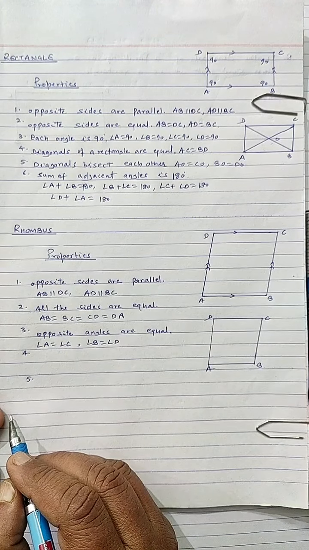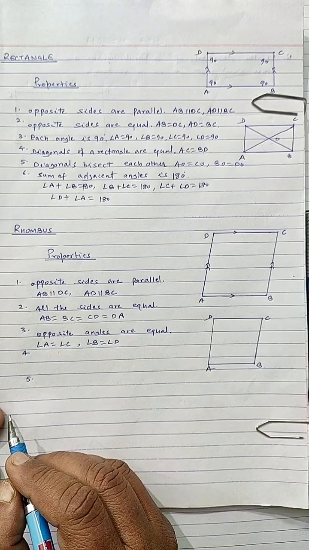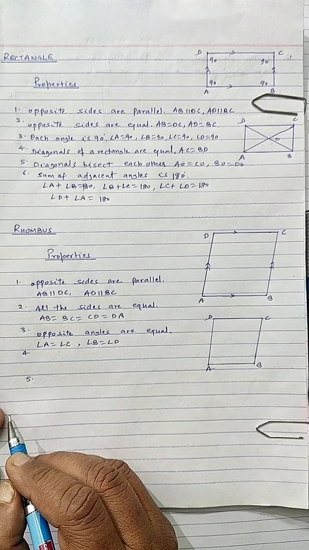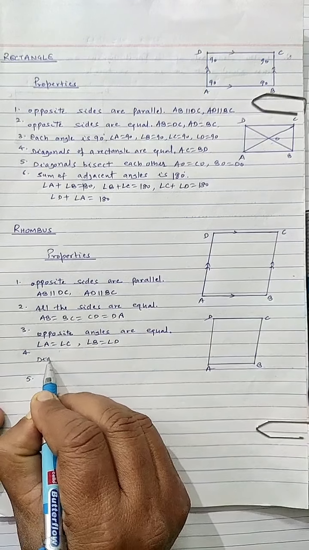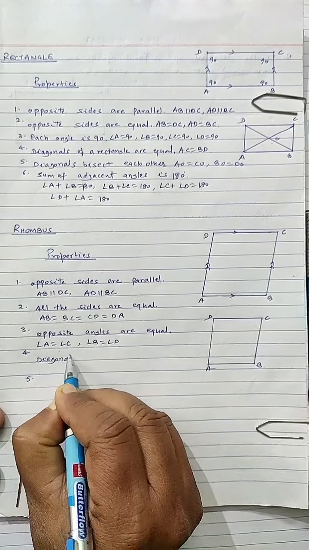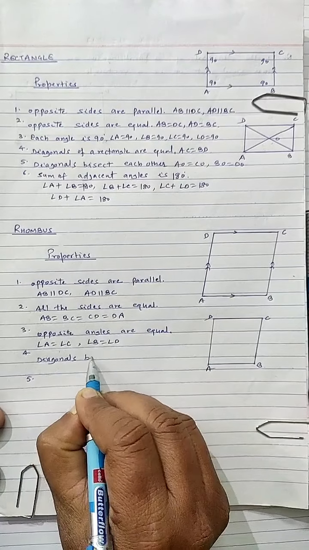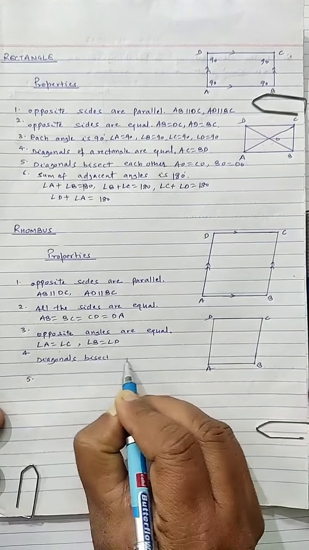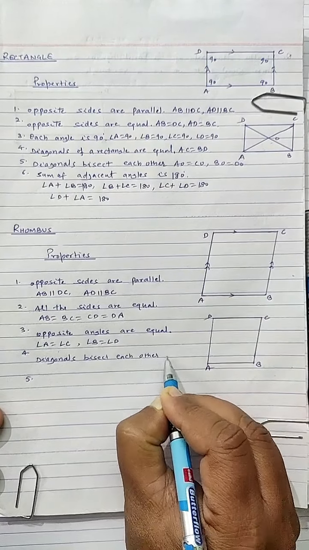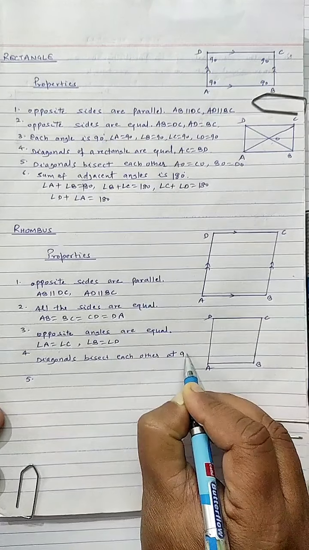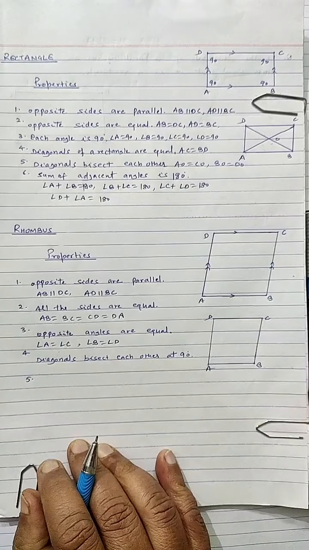Next property, diagonals bisect each other at 90 degree.